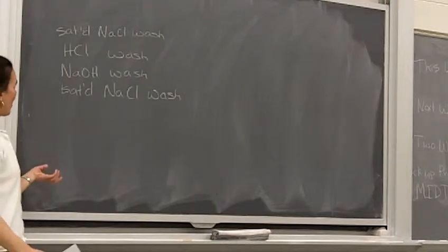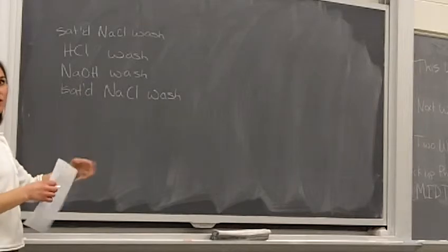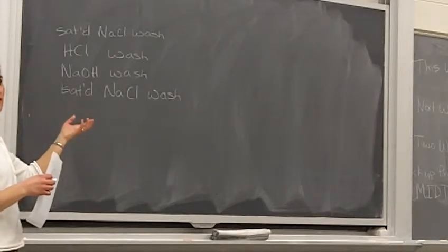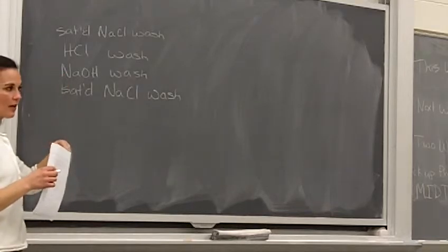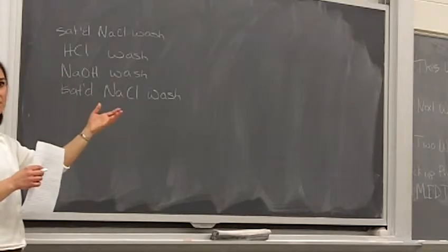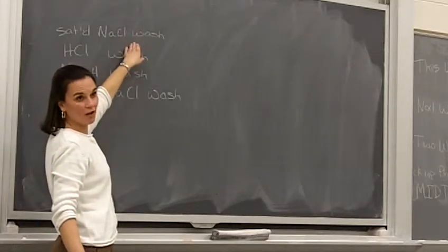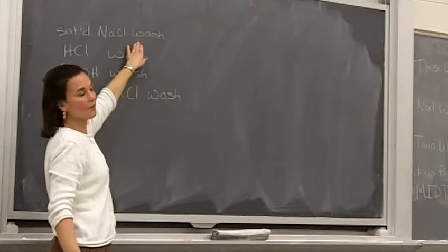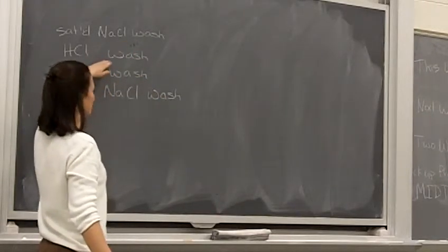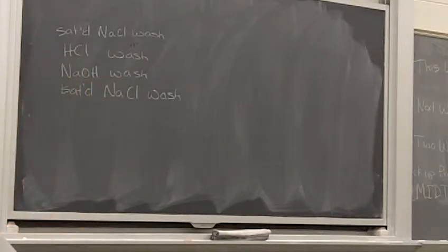When we say add wash, in your sep funnel you're going to have your organic layer, you're going to add the 10 milliliters of sodium chloride, you're going to shake and vent, you're going to drain the aqueous layer, and the organic layer will stay in the sep funnel. That is all meant or implied by saying wash. All of those steps are involved in a wash, okay? So then we go on to do the same with HCl, NaOH, and saturated sodium chloride again, okay?